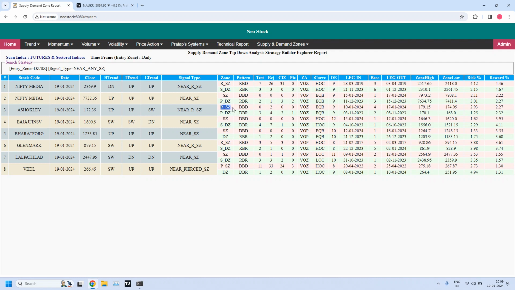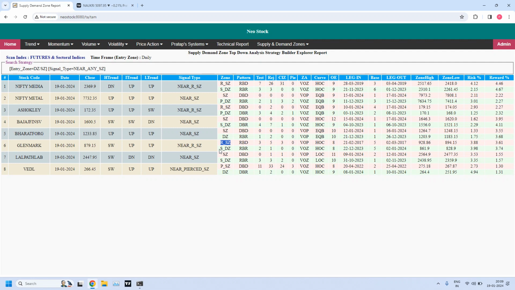Ashok Leyland is there. Glenmark is there, already tested 3 times and 5 rejections earlier. But Glenmark is having both high liquidity demand zone as well as the supply zone. But anyway, this is the one near high liquidity supply zone.